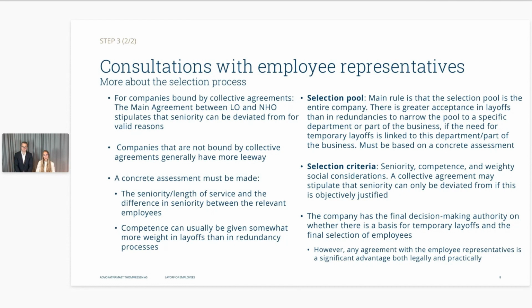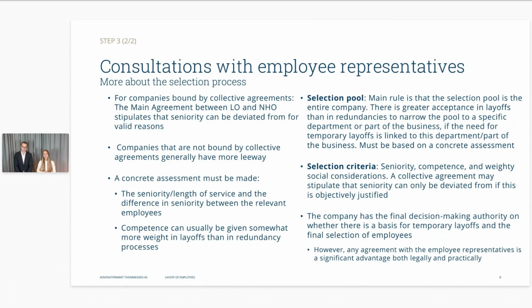The selection process and criteria for temporary layoffs and redundancies can be divided into the concepts of selection pool, or selection circuit, and selection criteria. The selection pool defines which circuit or group within the company the temporary layoffs should affect.